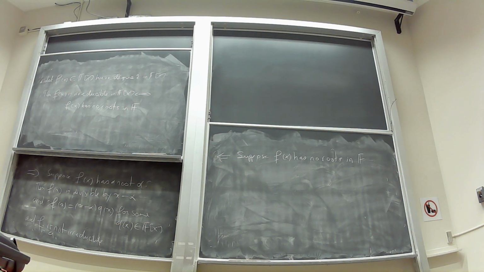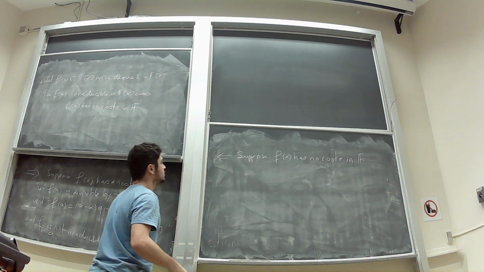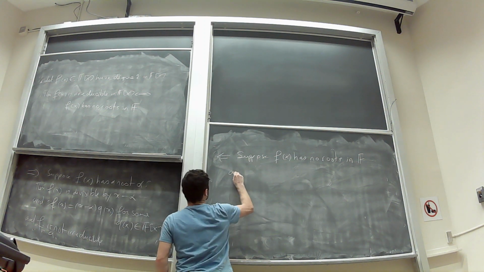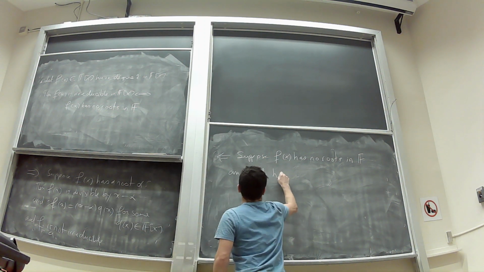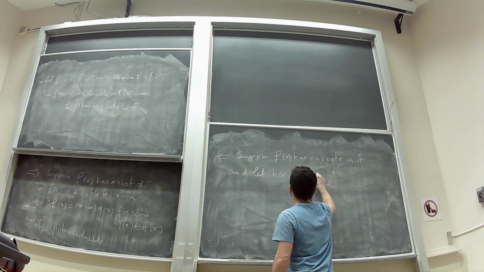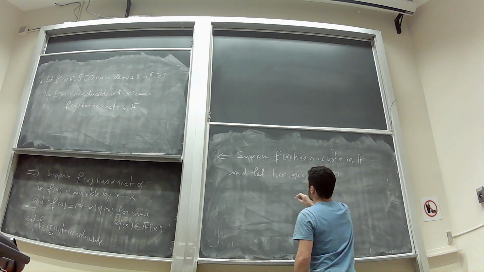No. Is that what you meant to say, that if you factor the degree 2 polynomial, then one of the factors must have a root? I see, okay. So suppose f of x has no roots in F, and let h of x, g of x in F[x] be such that f of x equals g of x times h of x.